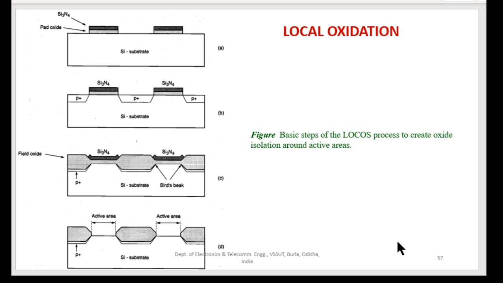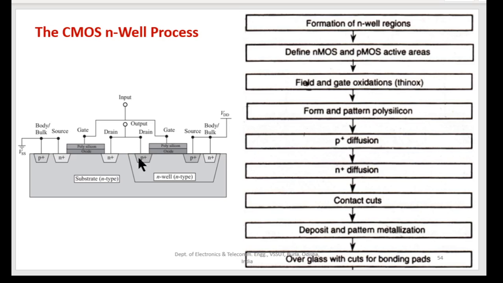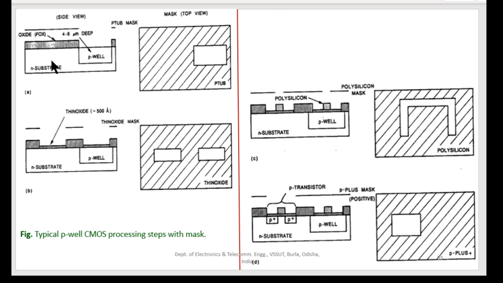so I think these are the steps that are used for fabricating one CMOS structure. Okay, CMOS means it will contain both NMOS and PMOS. Okay, so if you are starting with N substrate material, you will have to form first the P well. Now N substrate will contain P MOSFET, the P substrate will contain N MOSFET, right?